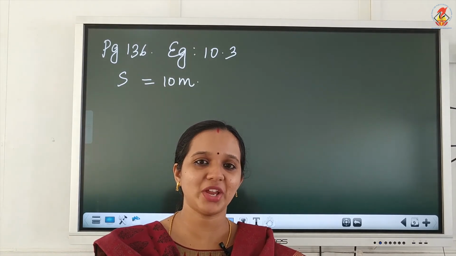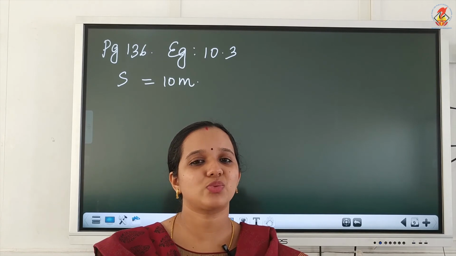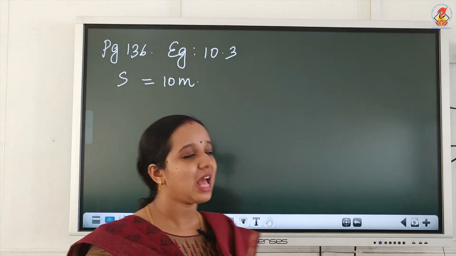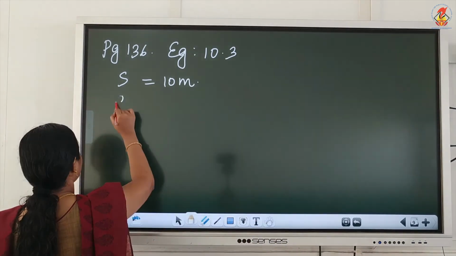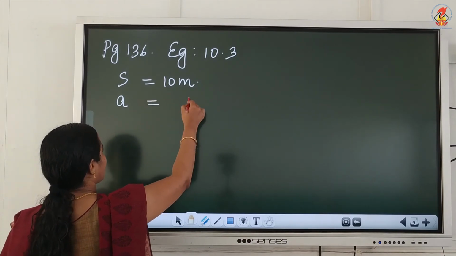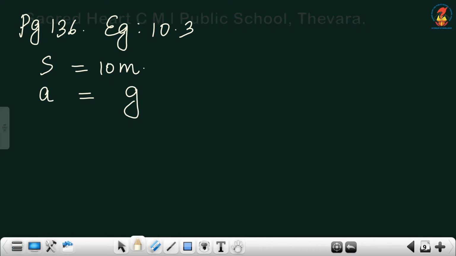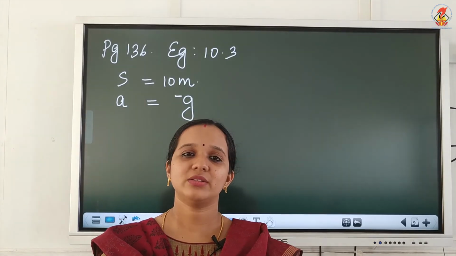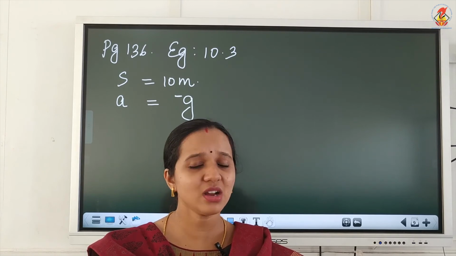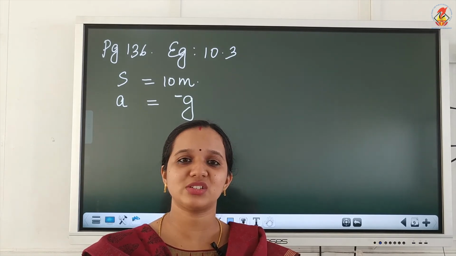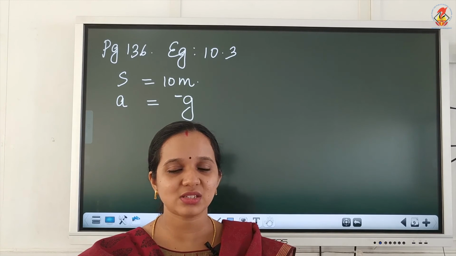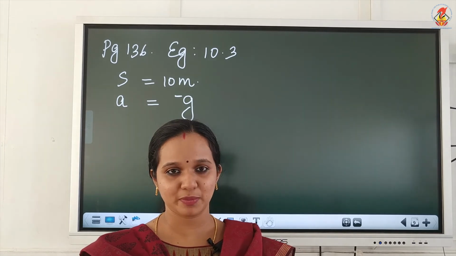As an object ascends upward, its velocity will decrease and the acceleration of the body will be equal to acceleration due to gravity, and it will have a negative sign, since the velocity of the body decreases as it ascends up.